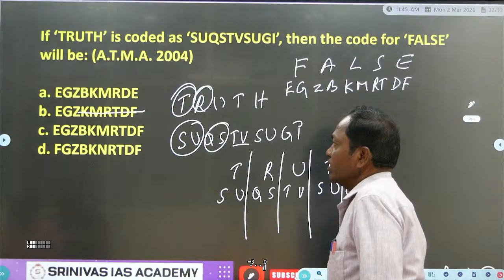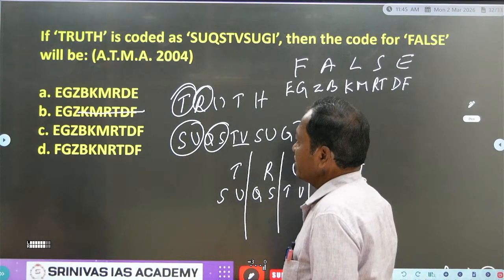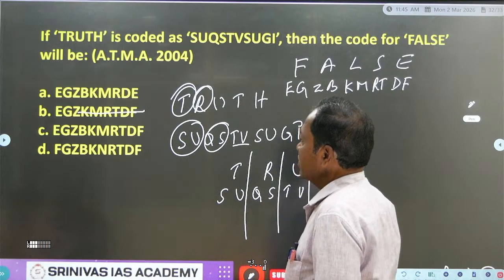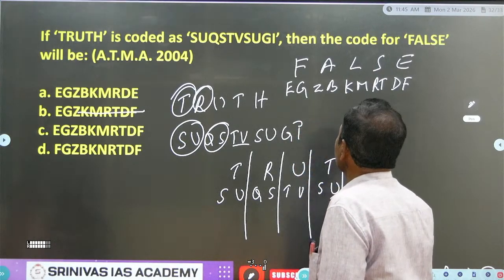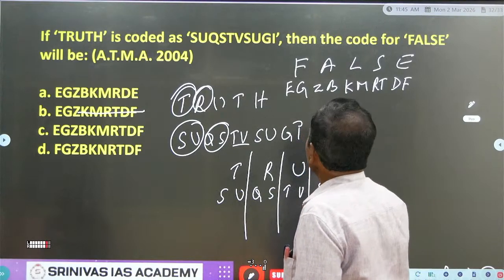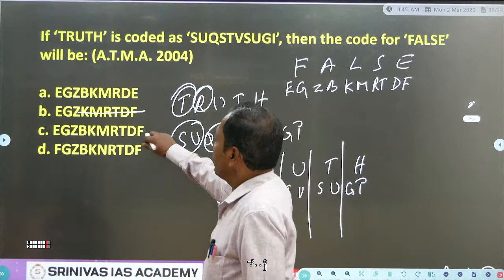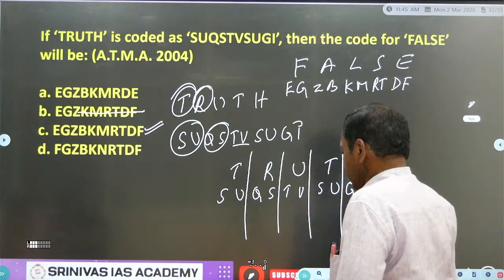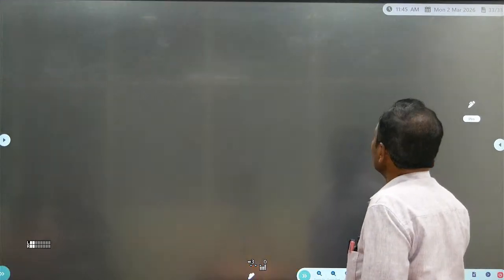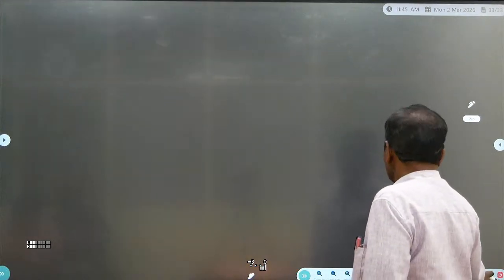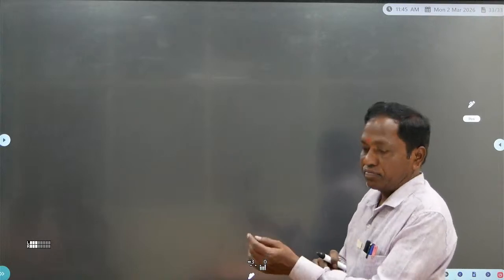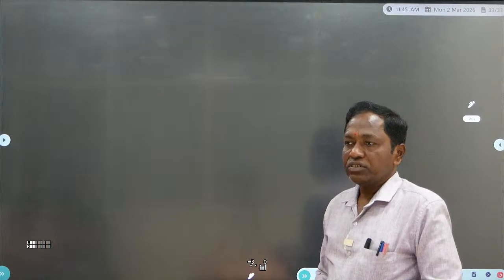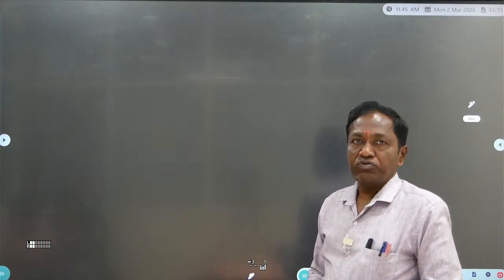Both are possible. EZBKMRTDF, option C is qualifying. Fine, this is for this session. We shall complete coding and decoding tomorrow.